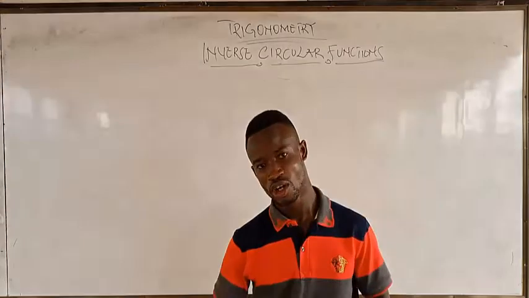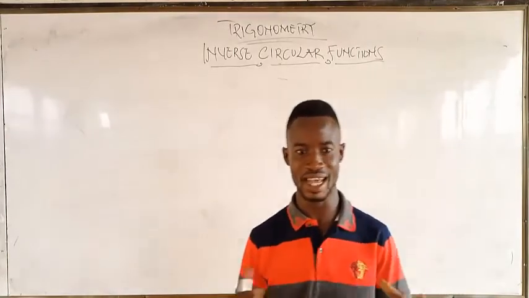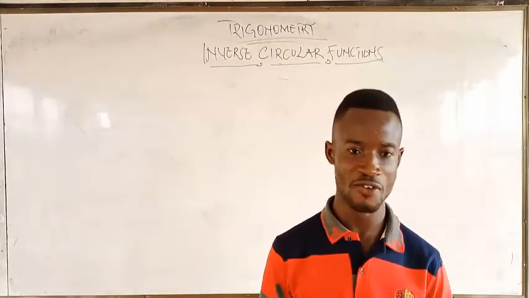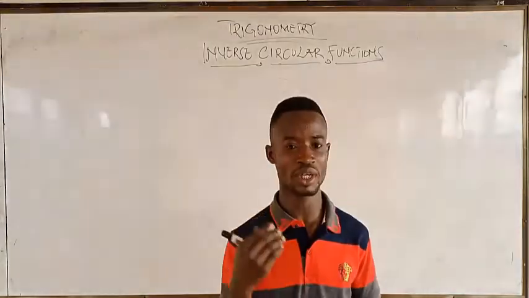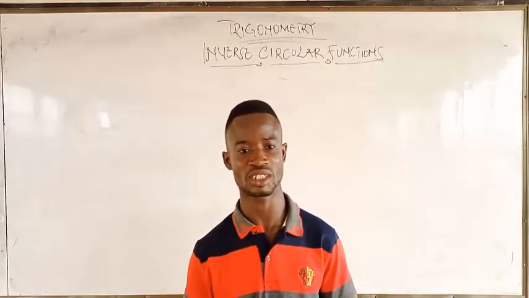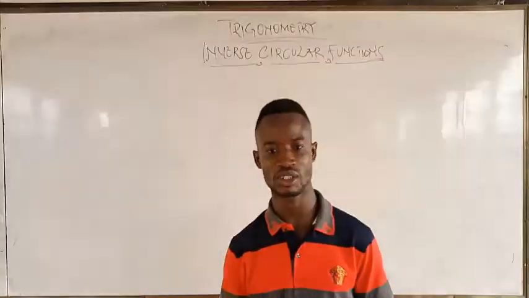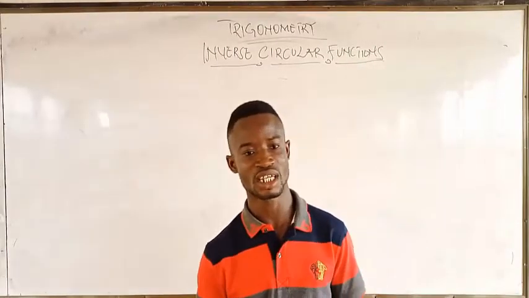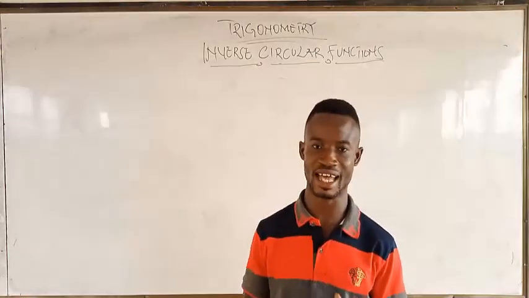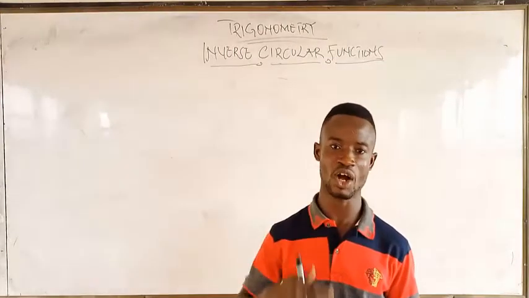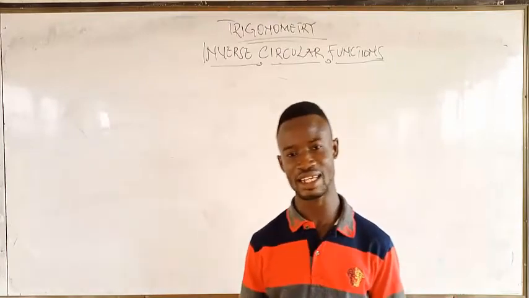Now, in this video, we are moving to another interesting part under this course, trigonometry, and that is inverse circular functions. Under this whole topic, we will be looking at inverse circular functions first, then inverse sine functions, inverse cosine functions, inverse tangent functions, then the remaining inverse circular functions: the reciprocals of sine, that is cosecant, the reciprocal of cosine, that is secant, and the reciprocal of tan, that is cotangent.